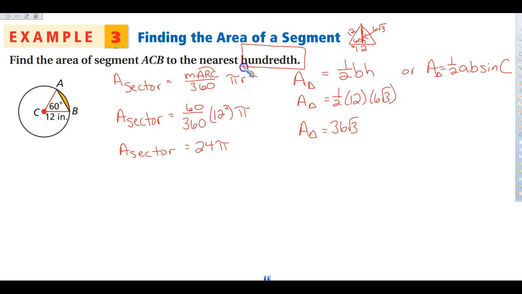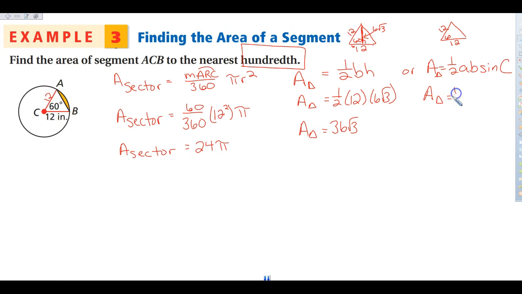But because I'm rounding to the nearest hundredth, remember, if we can go to decimal, then we can use trig. So if we look at our triangle, I have my 60-degree angle. I know this side is 12, which makes this side 12, because they're both radii, so they have to be the same length.